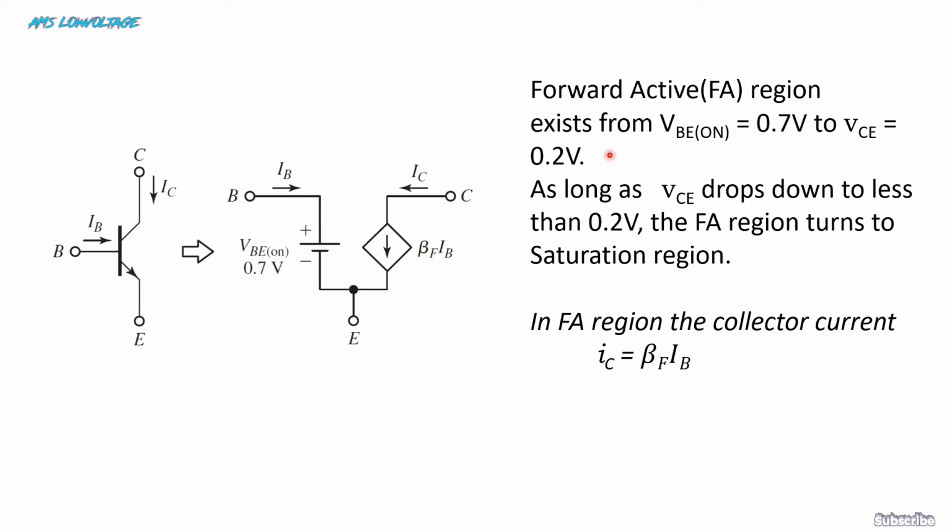Forward active region exists from VBE on equal to 0.7 volt to VCE equal to 0.2 volt. As long as VCE drops down to less than 0.2 volt, the forward active region turns to saturation region.